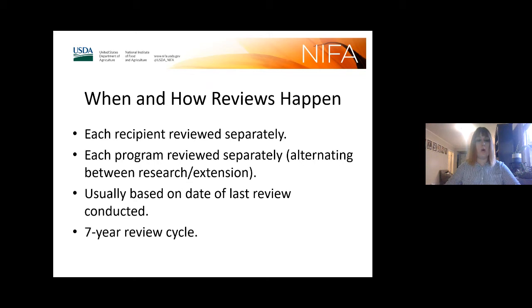Of course, if recommendations result from a review of a research program, for example, and an extension program would like to implement them, that's perfectly fine.